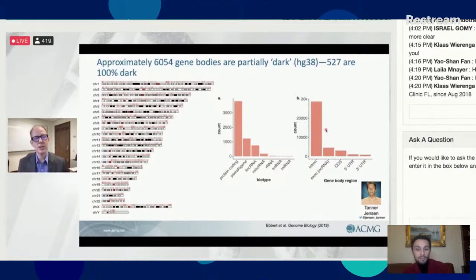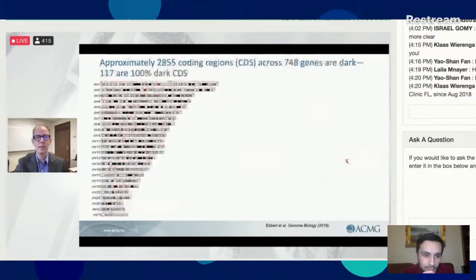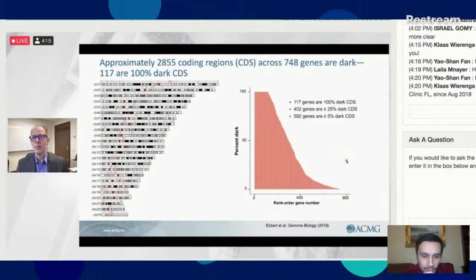But just to demonstrate that we're not trying to be alarmists, I'm going to focus only on the protein coding regions for the next little bit. If we look at just the coding regions, the CDS regions, there are almost 600 genes that are at least 5% dark in coding regions, and 117 of them are completely dark, the entire coding sequence.